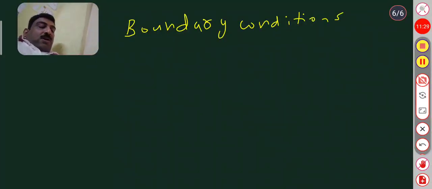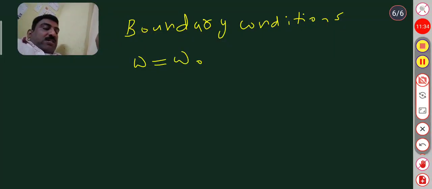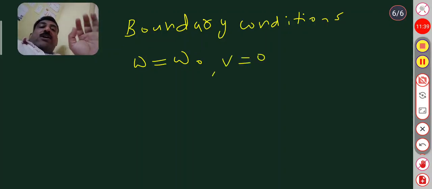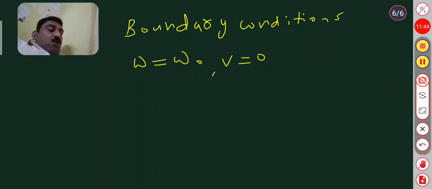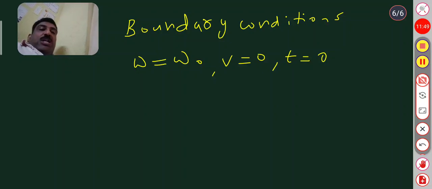Now if you take the boundary conditions, what are the boundary conditions? At omega equal to omega 0, your velocity is equal to 0, isn't it? The body is just having a rotational motion, it is not having any translational motion. So velocity is equal to 0 at time t equal to 0, initially, right?